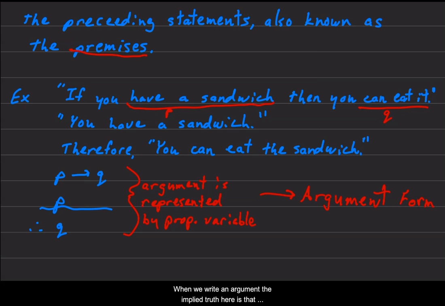When we write an argument, the implied truth here is that this statement is true and this statement is true. Notice I said and in between there. That means that each one of the successive lines, this line being line 1 and this line being line 2, are combined together with an and.